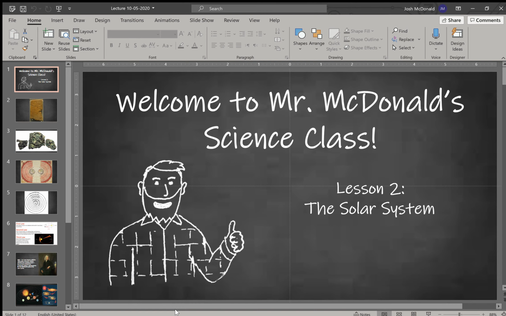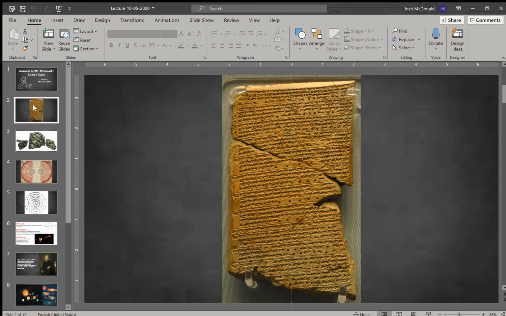And so all the way 4,000 years ago, to the second millennium BCE, one of the first planetary tables that we know of was written in Babylon, and it's called the Venus Tablet of Ammisaduqa. And I'm probably mispronouncing that, so don't worry about that.